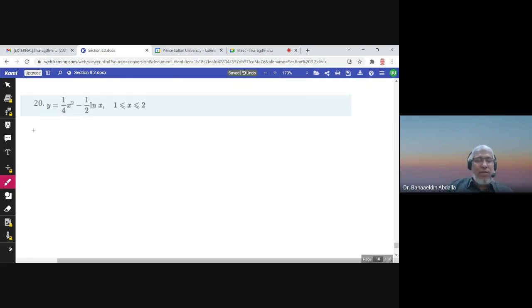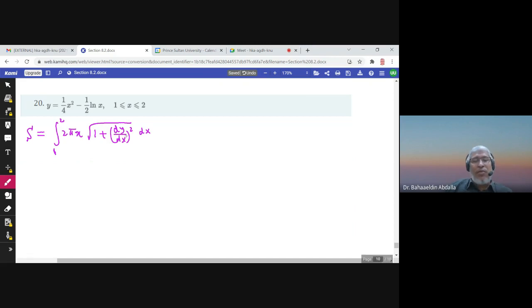Again here, the rotation is about the y-axis, so 2 pi x ds. But here the values of x are given, the limits. So I will write ds in terms of dx. So I will have 1 plus (dy/dx) squared.